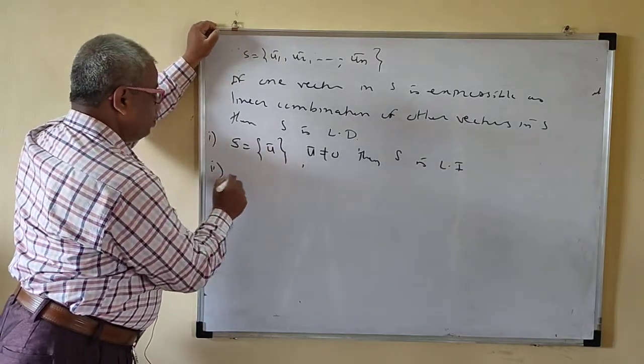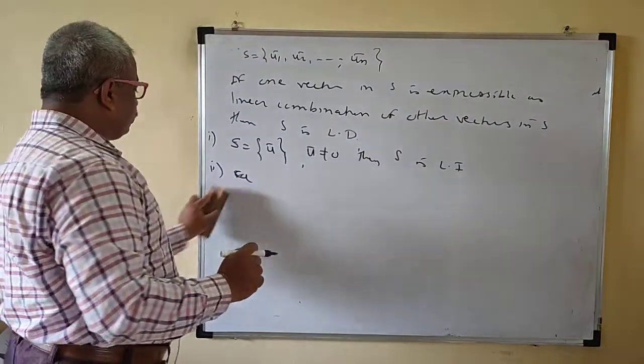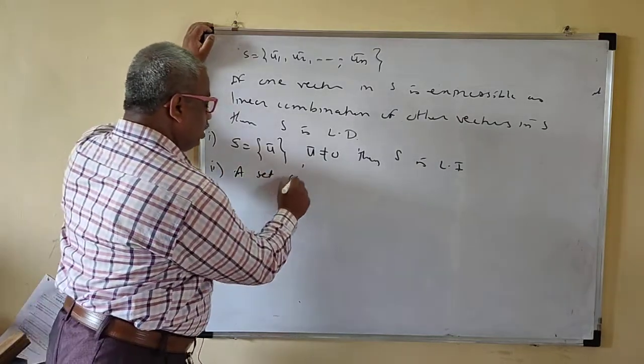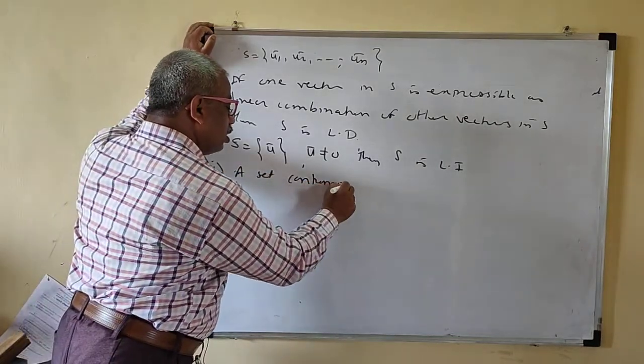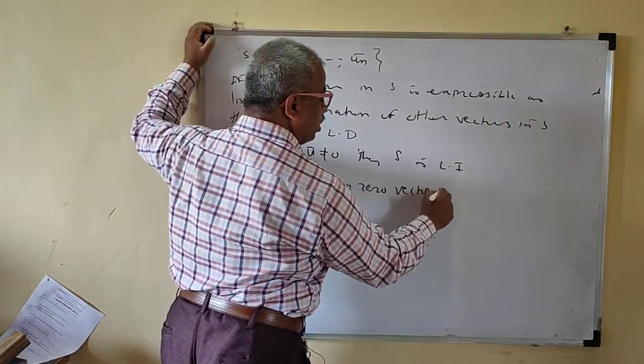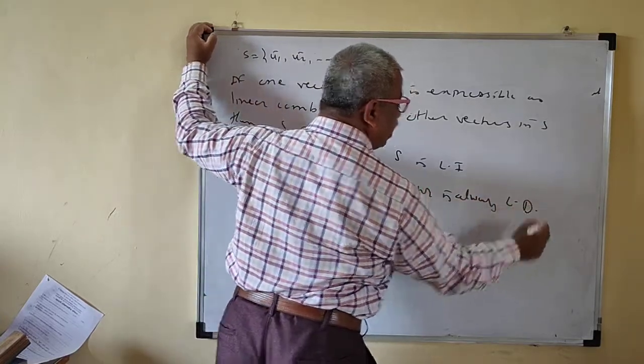Okay. Second, this is very important: a set containing the zero vector is always linearly dependent.